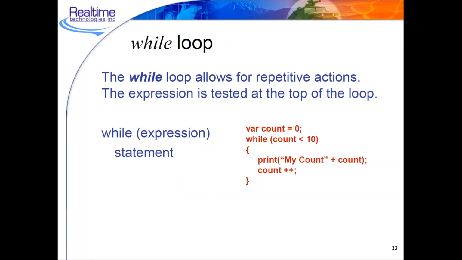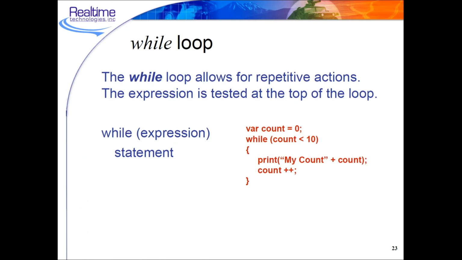A while loop is very useful if you're trying to repeat a specific action over and over again. This allows you to go through and essentially loop each one of the expressions until you reach a certain threshold, whereas in this one it's whether or not count is less than 10.